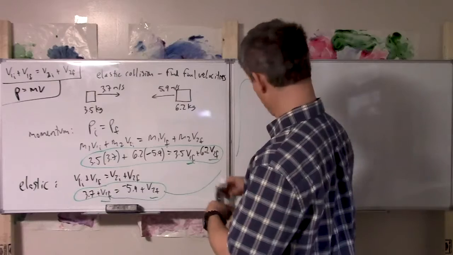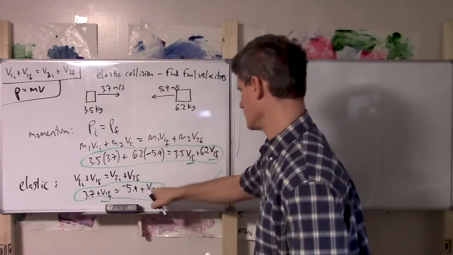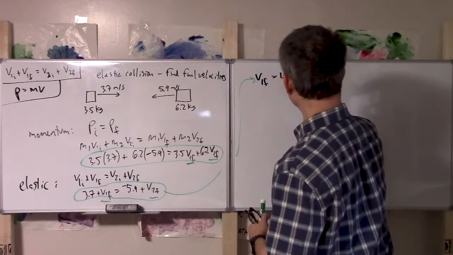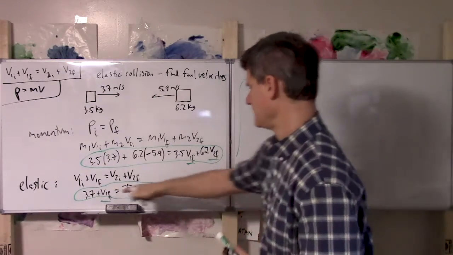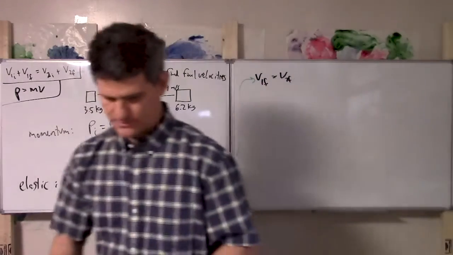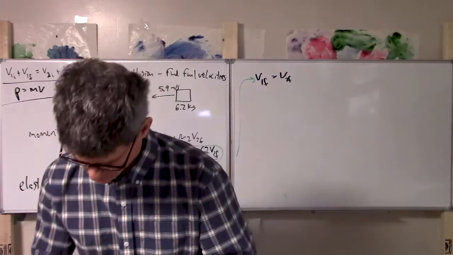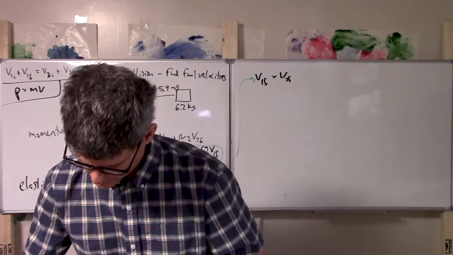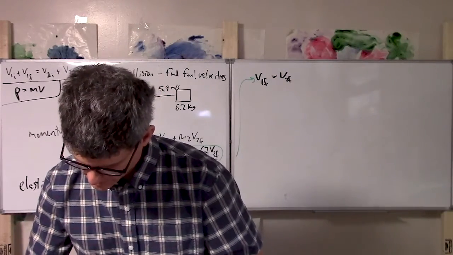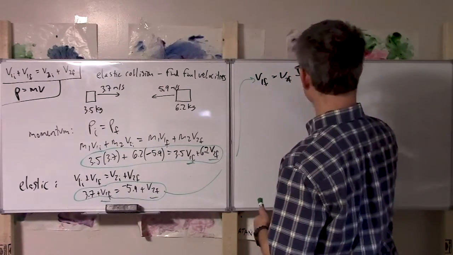So v1 final equals v2 final, minus 5.9 minus 3.7, so minus 9.6.